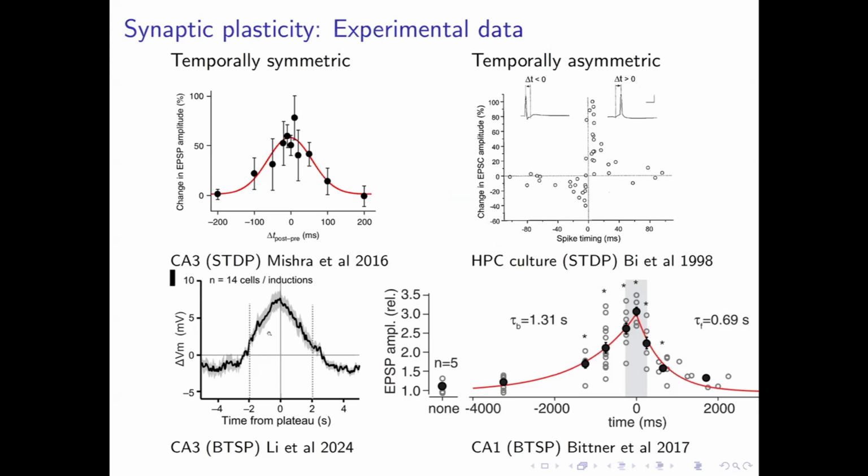And then this leads to plasticity at a much longer time scale. So now you can see that you need a coincidence at the scale of seconds, no longer at the scale of tens of milliseconds. But again, you can find these different forms, some more temporally symmetric, some more temporally asymmetric, in CA3 and CA1.